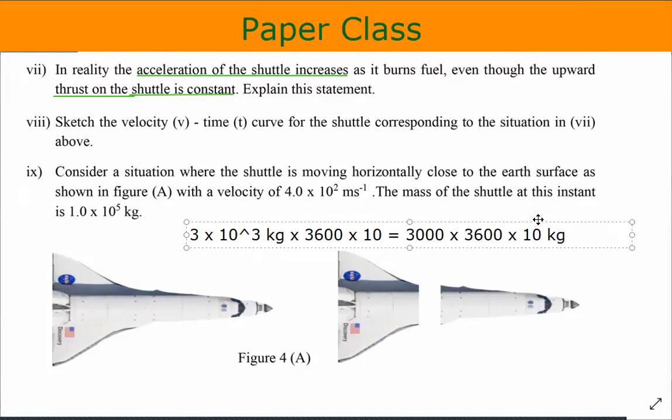A huge amount of fuel should be stored in the rocket. Once the fuel is burned, it is converted into a gas and leaves the rocket. Therefore, the mass of the rocket reduces. As the mass is reduced, if the force is constant, according to F equals ma equation, acceleration should increase. Is it clear, or may I explain again?